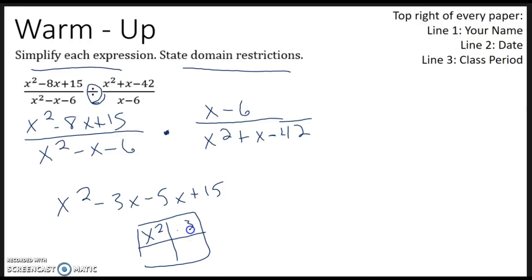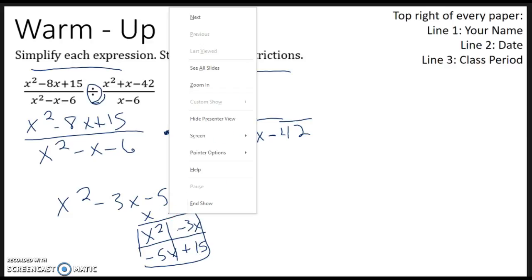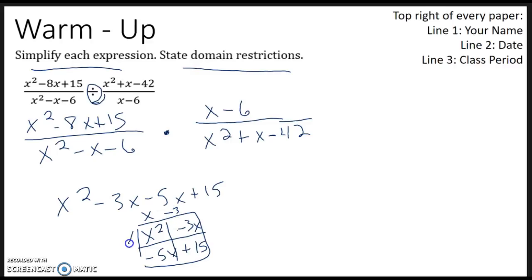I got an x, I got a 3. It's going to have to be negative though because both of them are negative. I've got an x and it's going to be a negative 5. All right, so that is the factored form of my first numerator. I've got (x minus 3)(x minus 5).